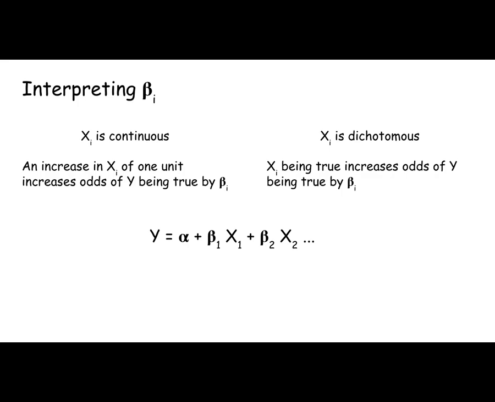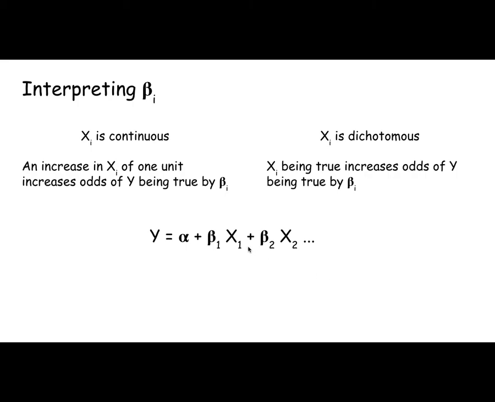So when you're looking at a logistic regression equation, it's going to be written probably exactly the same as a linear regression equation. So you need to know going in whether it's linear or logistic.